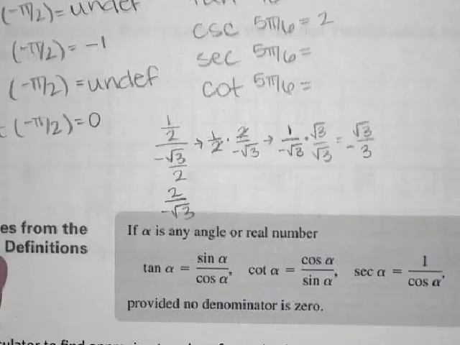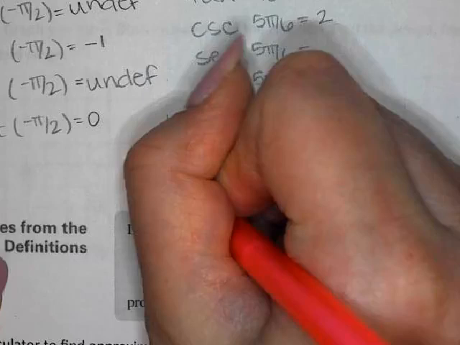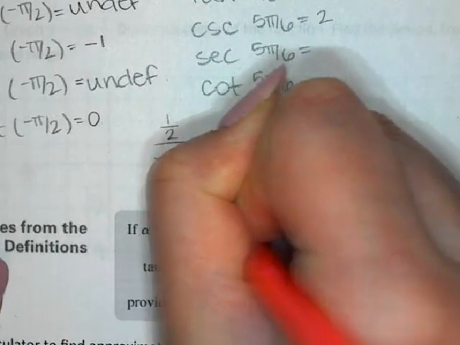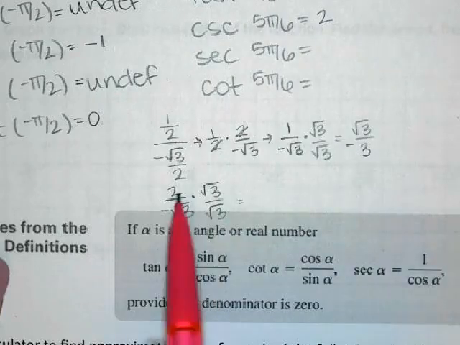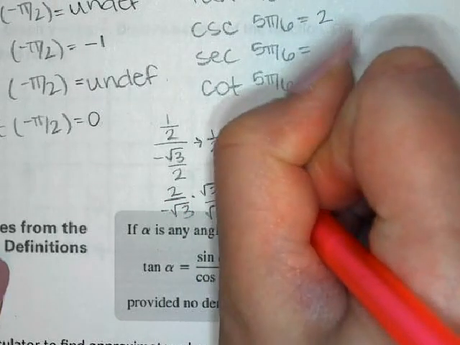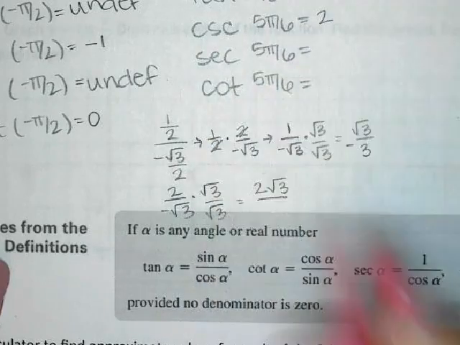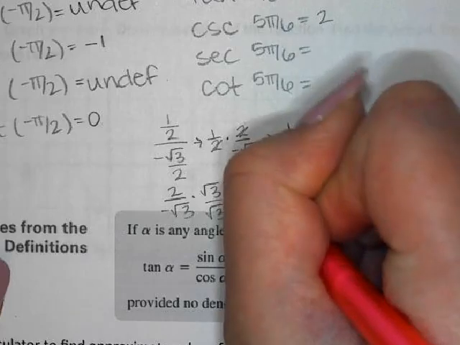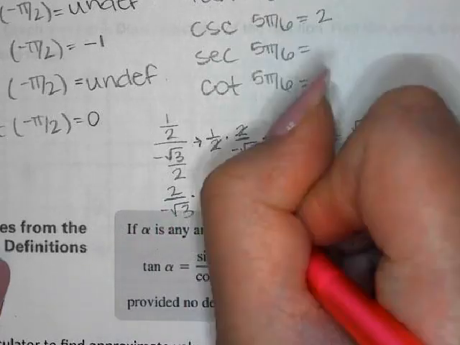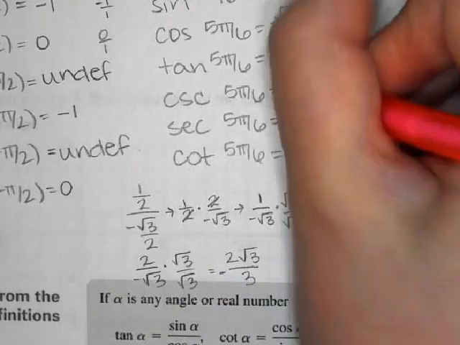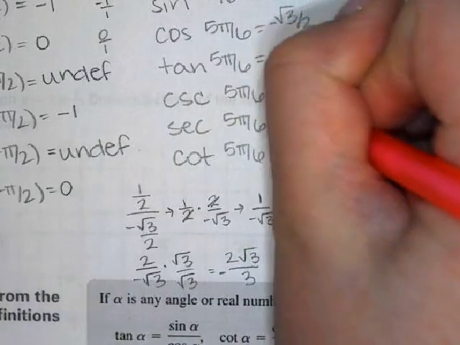So I'm going to multiply this by root 3 over root 3. On the top, I have 2 times root 3, which is 2 root 3. On the bottom, I have root 3 times root 3, which is just 3. And then I also had a negative. Okay, so this is what secant is. Negative 2 root 3 over 3.